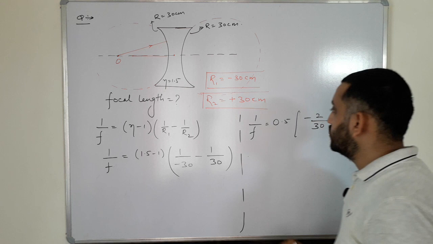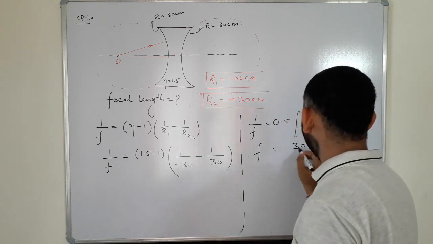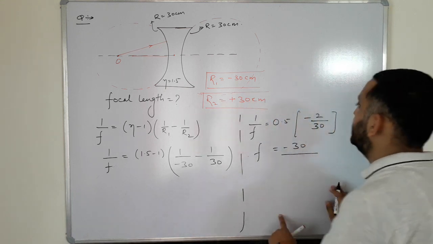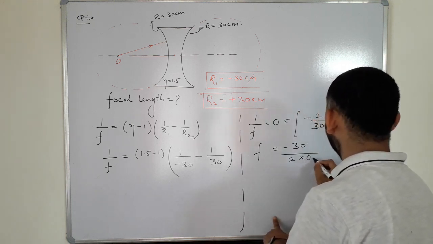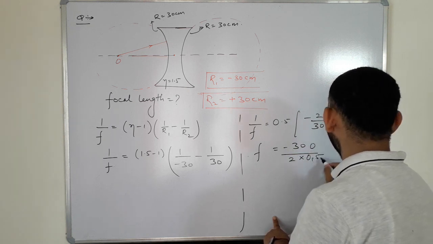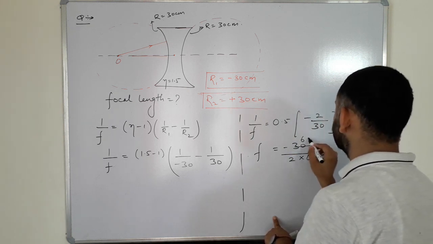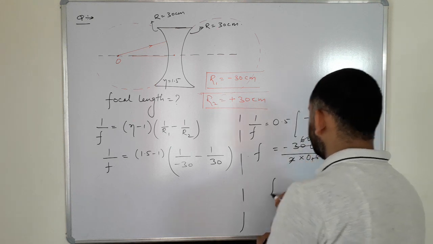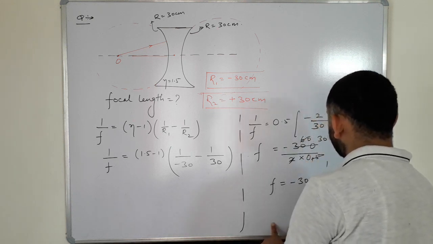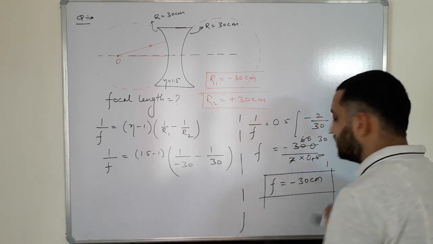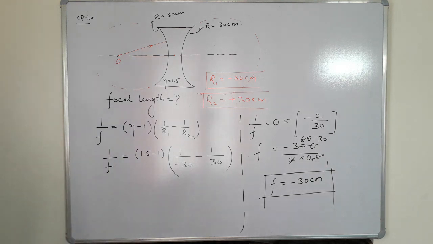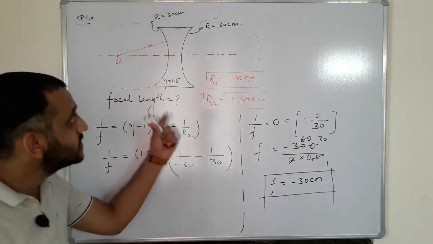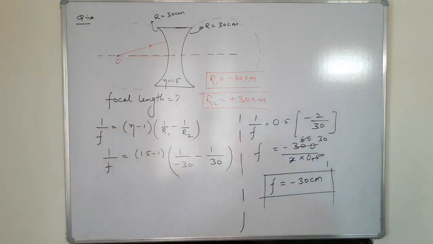So what is the value of f? f equals to 30 upon 2 into 0.5, with a minus sign. So the focal length will be minus 30 centimeters. And we know that focal length for concave lens is negative. So f equals to minus 30 centimeters.